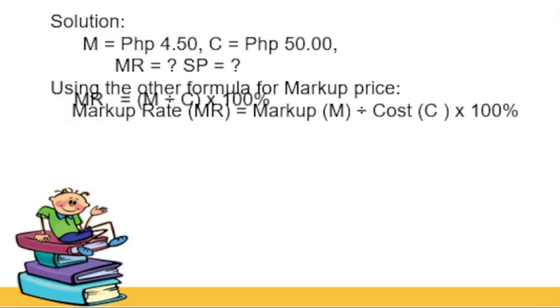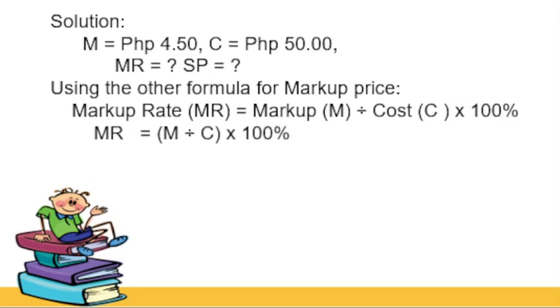So that is the MR is equals to M divided by C times 100%, or if it is on the percent base and rate, the MR is the rate, the M is the base, that is the P, and the C is the base times 100.